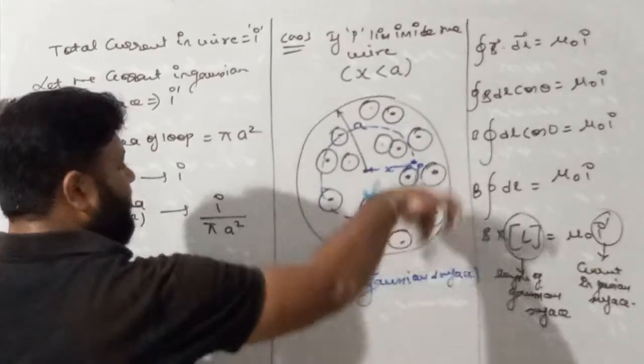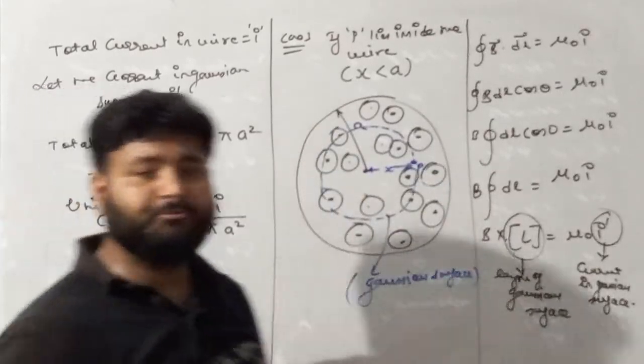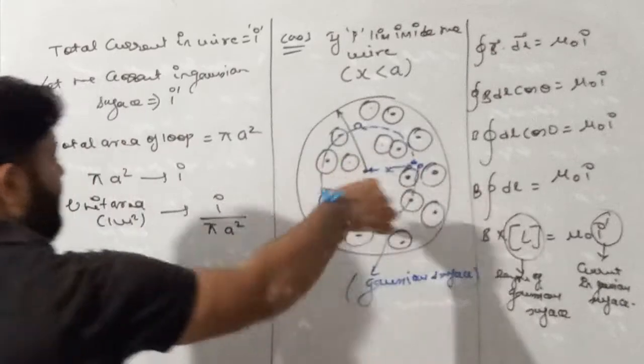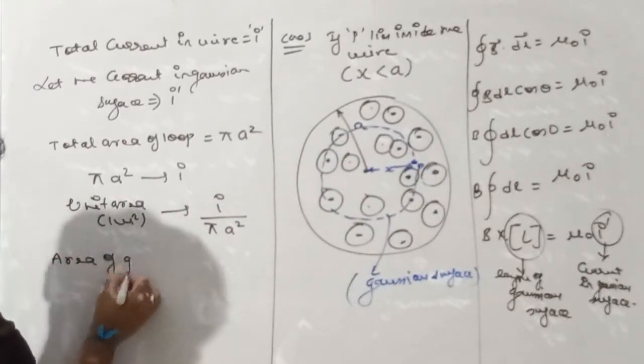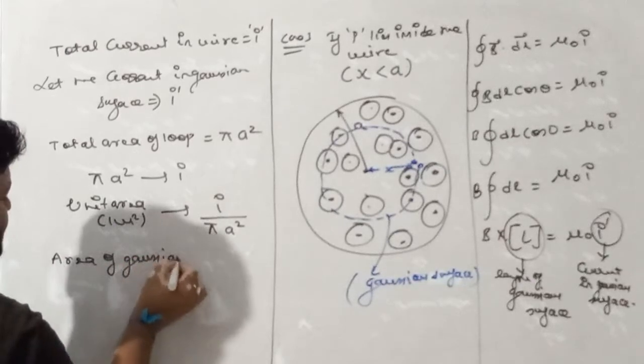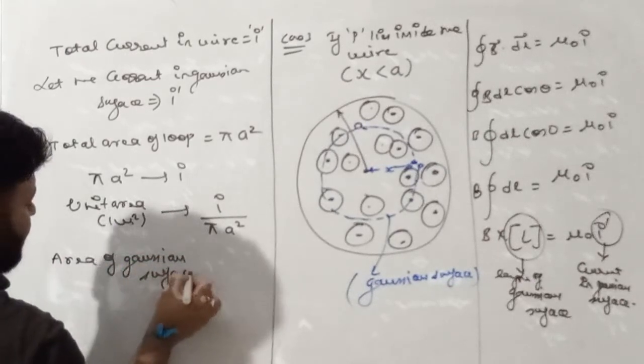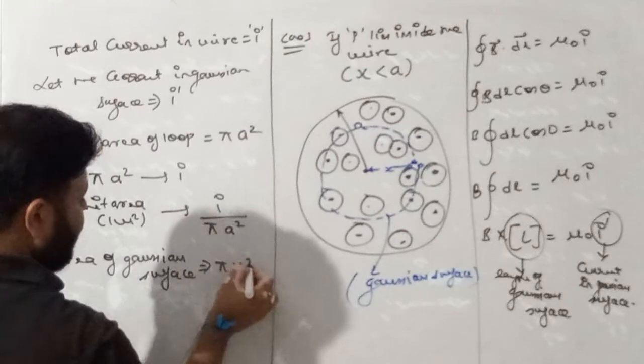Now see, we want to find the current in Gaussian surface. So what is the area of Gaussian surface? I am writing here, area of Gaussian surface must be pi x square.